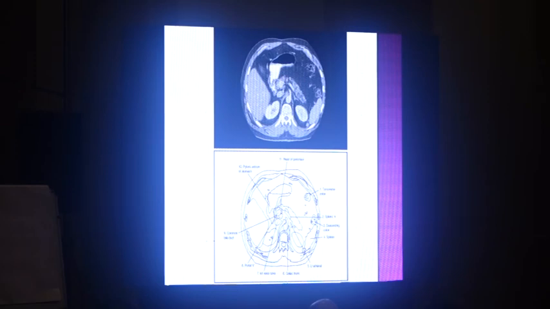Okay. We can see the celiac trunk arising from the aorta. So we can see the portal vein, stomach, gases. Now we can see that the size of the liver is decreasing because we are going from cranially to caudally. Next.